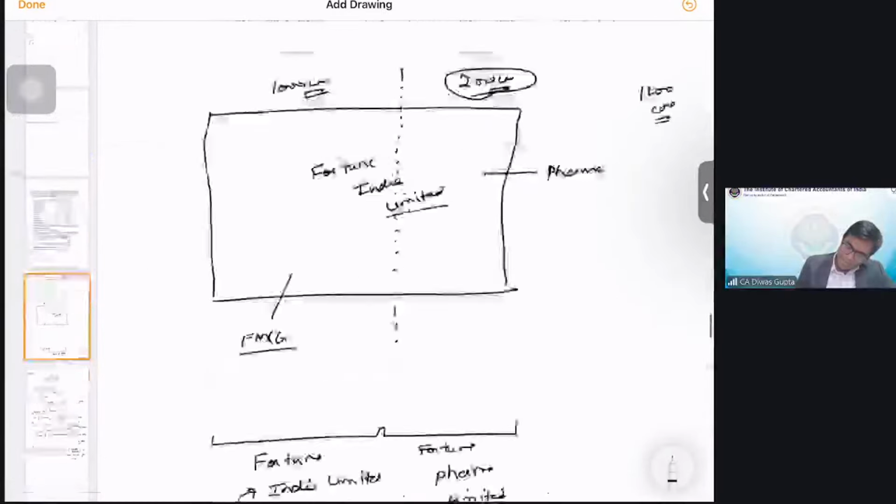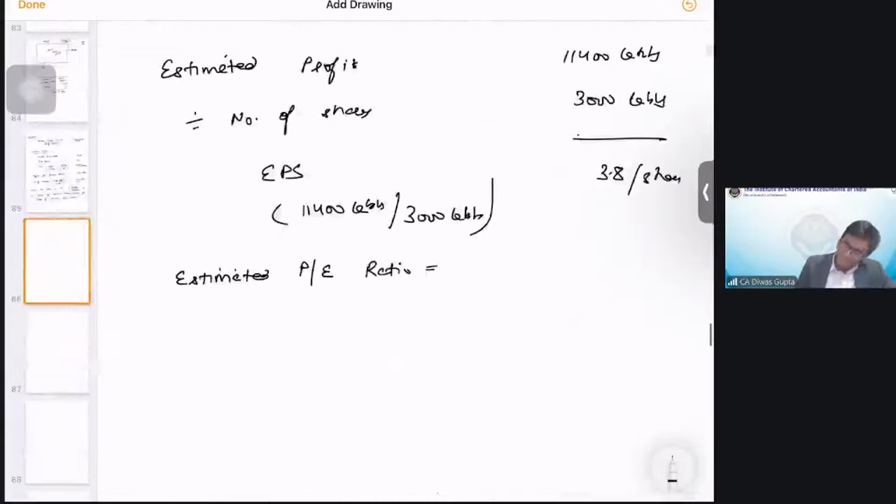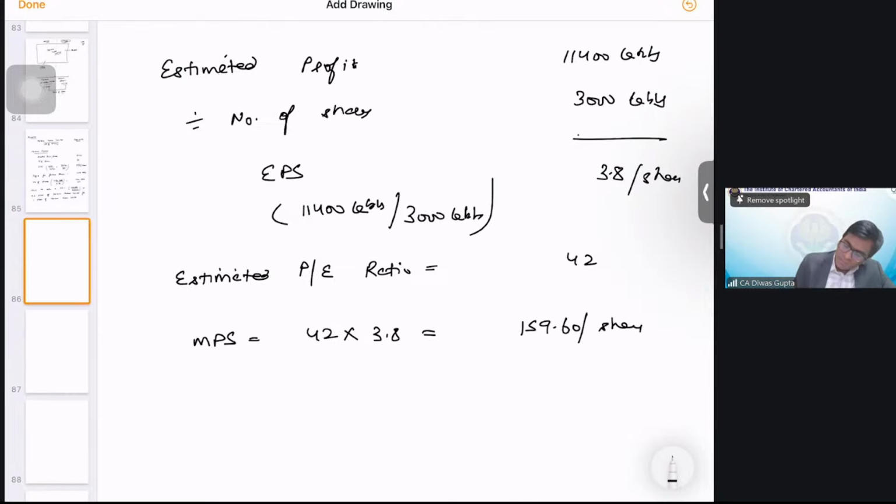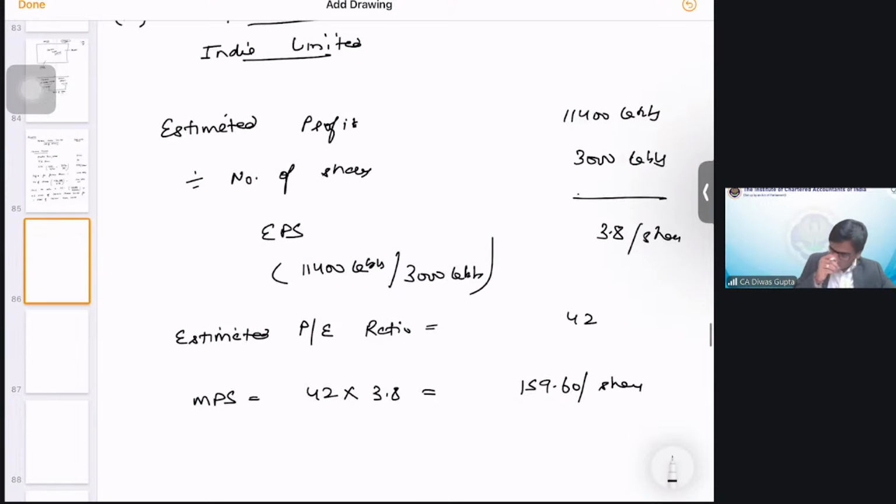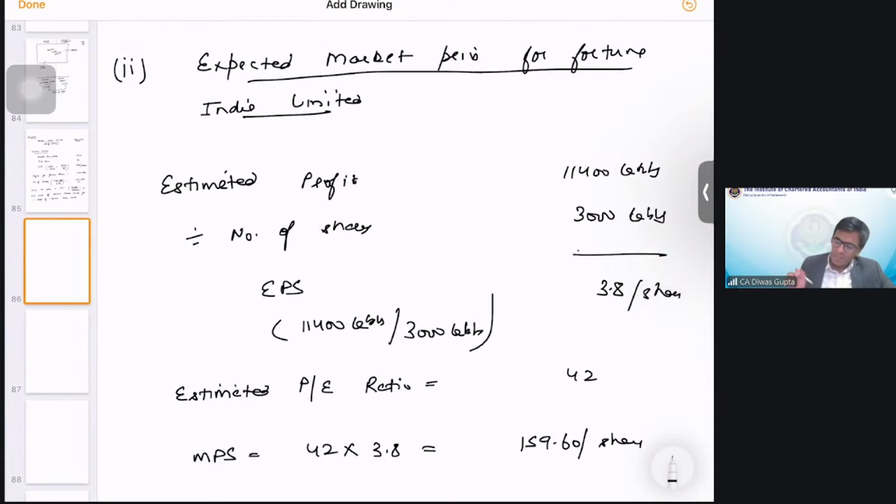Yes, sir. 42. So that means MPS, market price per share, is equal to 42 into 3.8, which is 159.60 per share. So this becomes the expected market price per share of the FMCG company, which is Fortune India Limited.